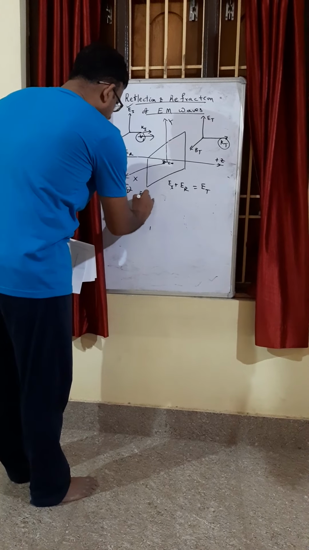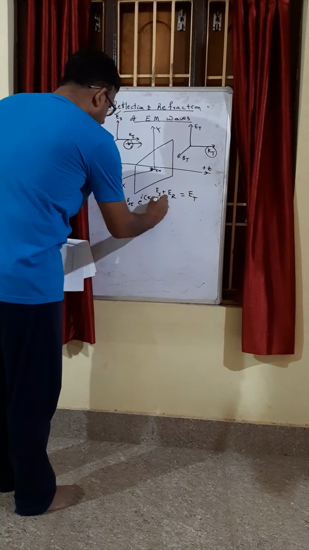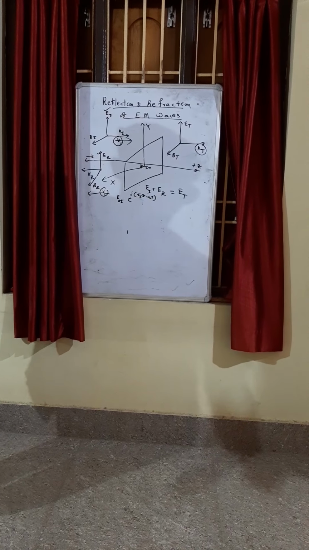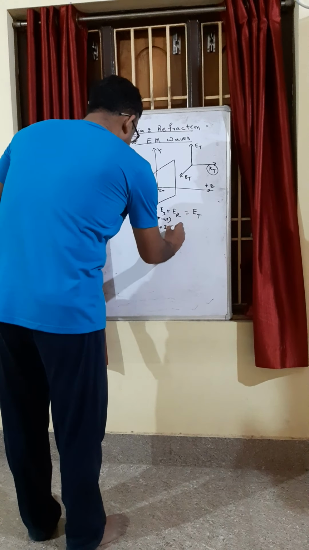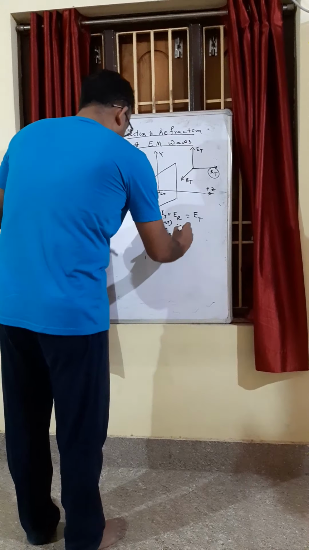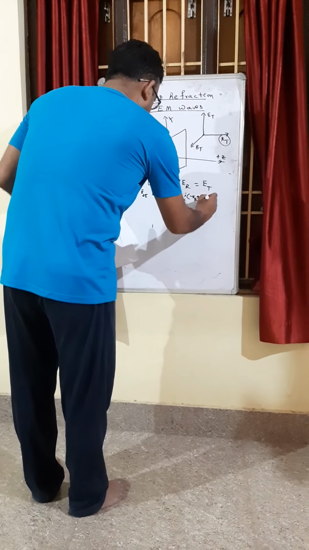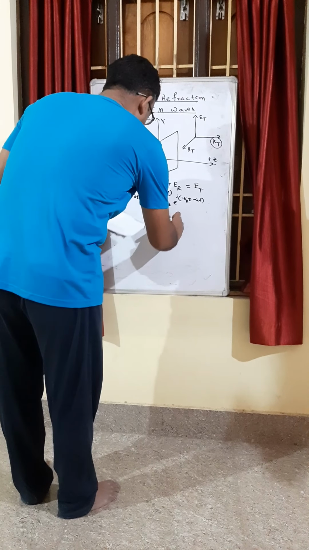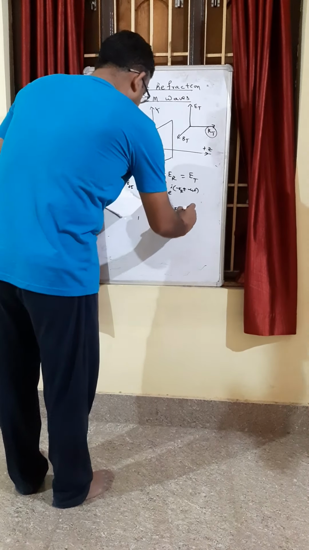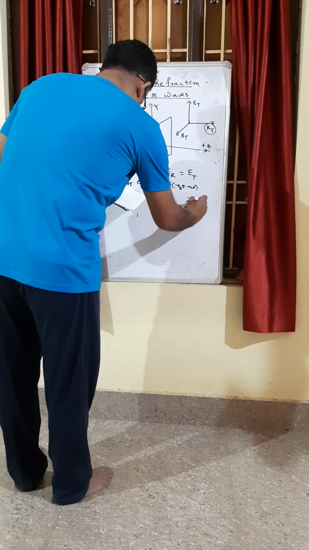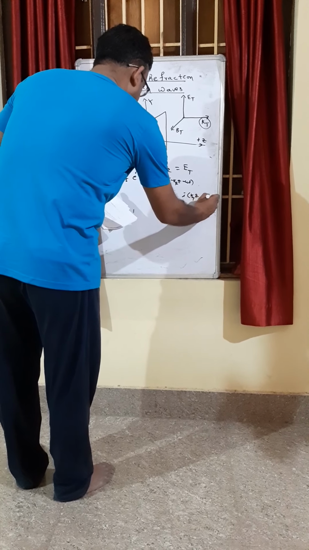Now EI will be equal to EOI e to the power i(kz minus omega t), this is for the incident wave, and for the reflected wave we can write EOR e to the power i(minus kR z minus omega t). This should be equal to ETO e to the power i(kt z minus omega t).